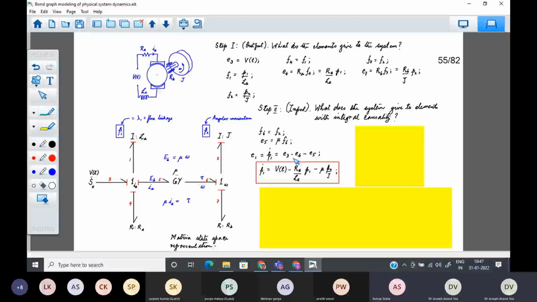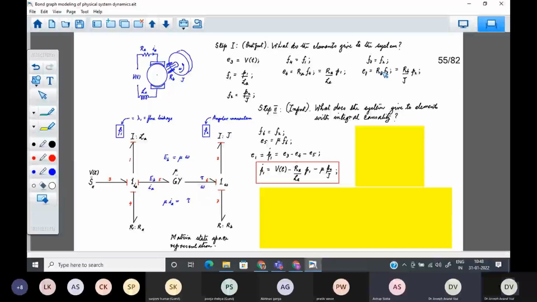So if you substitute these efforts, the variables, effort 3 is VT that is placed here, minus effort 4, which is RA by LA into P1, minus effort 5, which is minus mu into P2 by J. Okay.